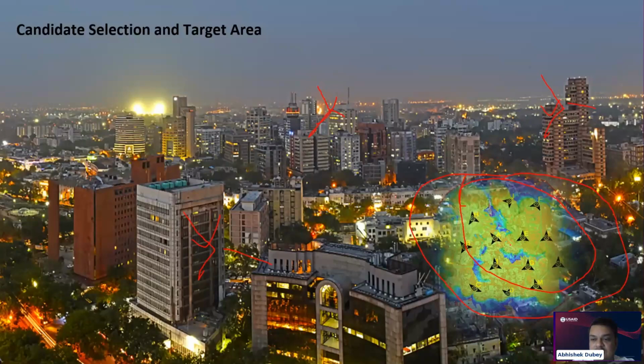So let's say these are the sites for P1 and P2, but finally, which site are you going to select? This one, because you think that this site can cover most of the areas, or if you include this site as well, it can cover the complete area, which is your target area.